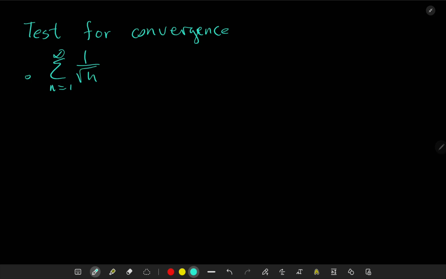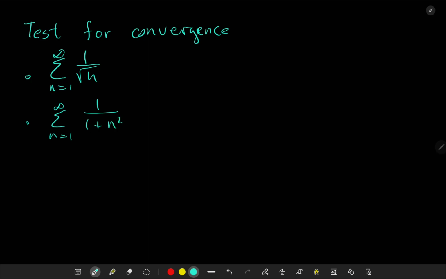Okay, so let's test for convergence, or test to see whether these following ones converge or diverge. We'll do a few. So we're going to start with the sum from n equals 1 to infinity of 1 over the square root of n. Let's do the sum from n equals 1 to infinity of 1 over 1 plus n squared.